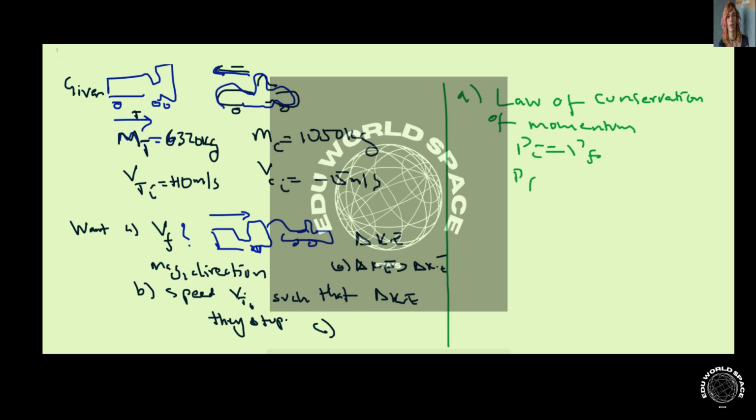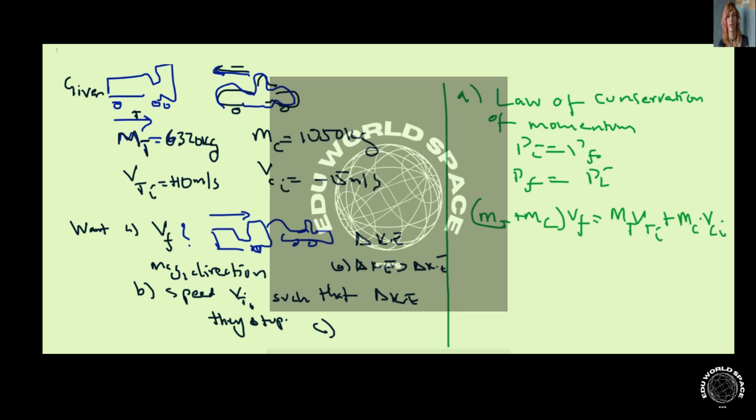They're sticking together, so the mass of the truck plus the mass of the car, times the final velocity, is the same as the mass of the truck times the initial velocity of the truck, plus the mass of the car times the initial velocity of the car.